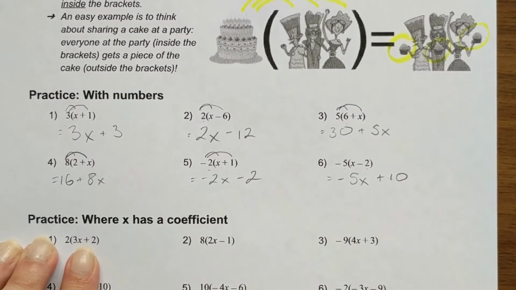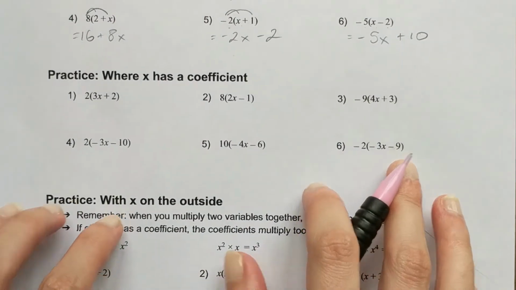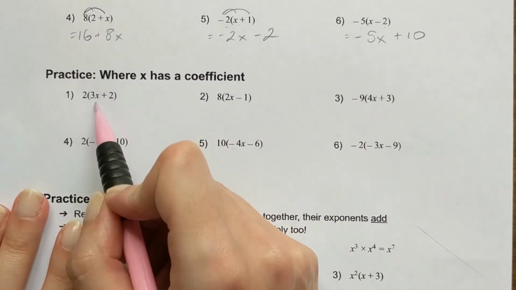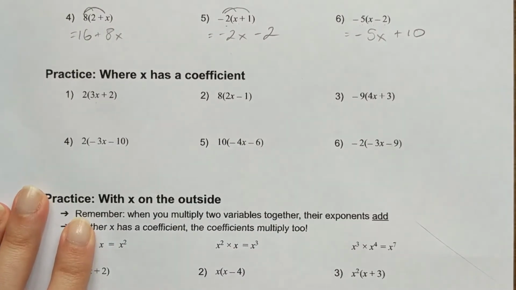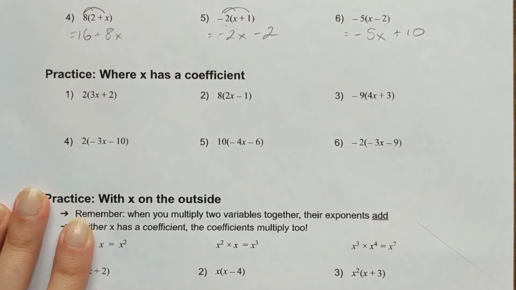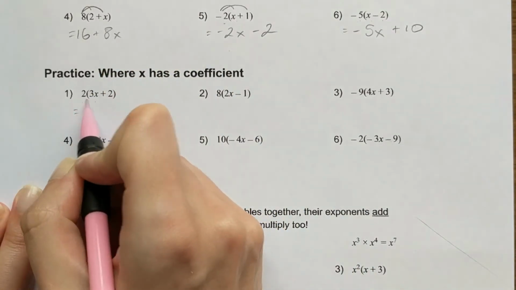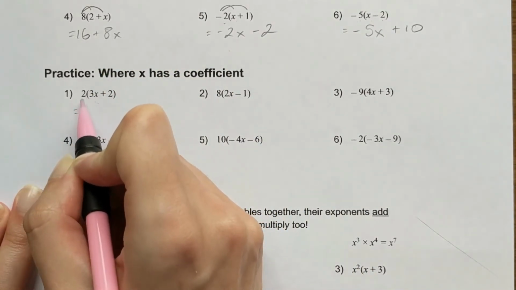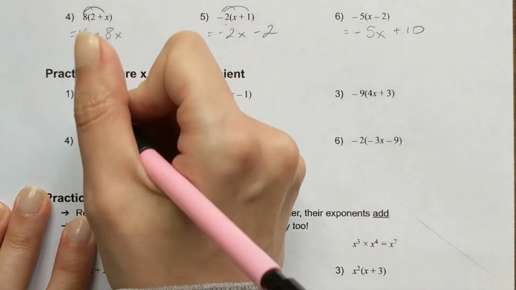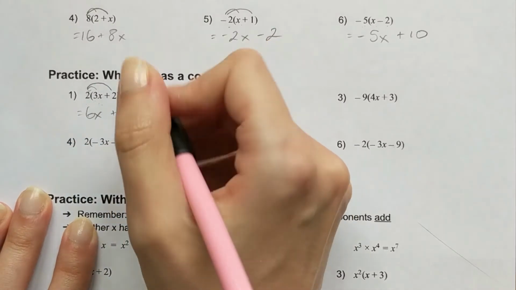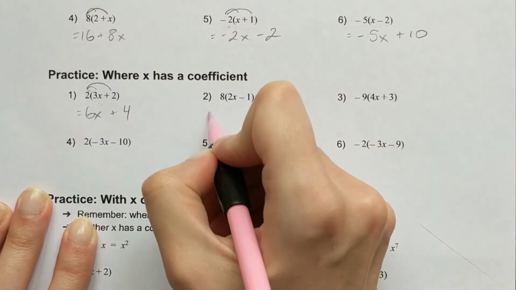Okay, pretty straightforward. Now let's do some examples where x has a coefficient, that's a number right beside the x, as we can see here. Remember, all we have to do is multiply the numbers together, just like we did before. 2 times 3x, so we do 2 times 3, which is 6, so I have 6x, plus 2 times 2, which is 4.